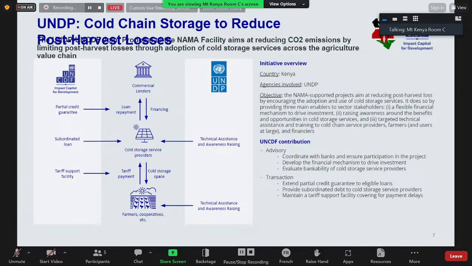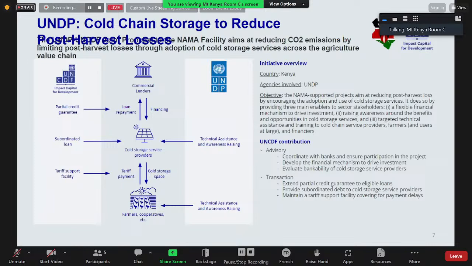The first scheme is a technical assistance run by UNDP, which will work with the farming community and the cooperatives to explain the benefit of using storage, and that the cost is not a burden; rather, it is an investment. But we also put in place, for the first 5 years of operation, what we call a tariff support facility.